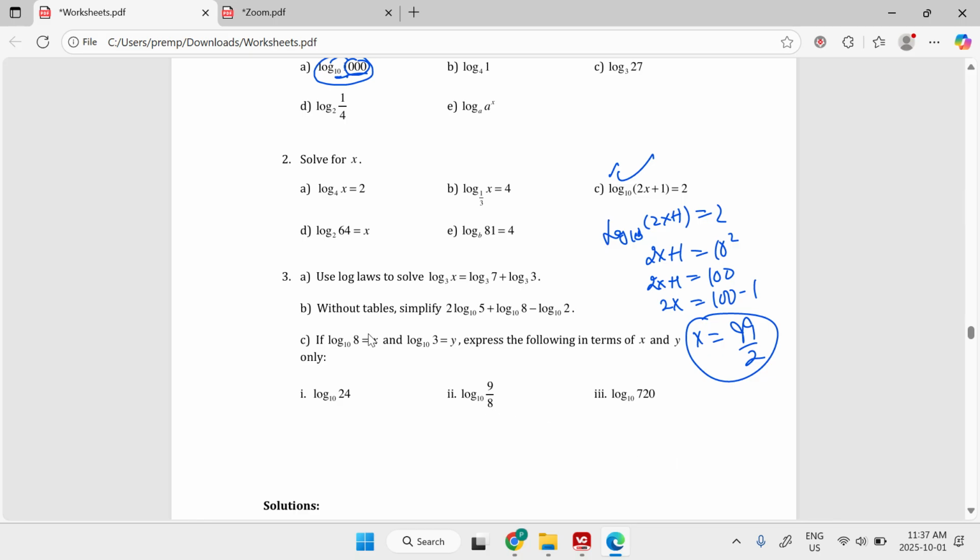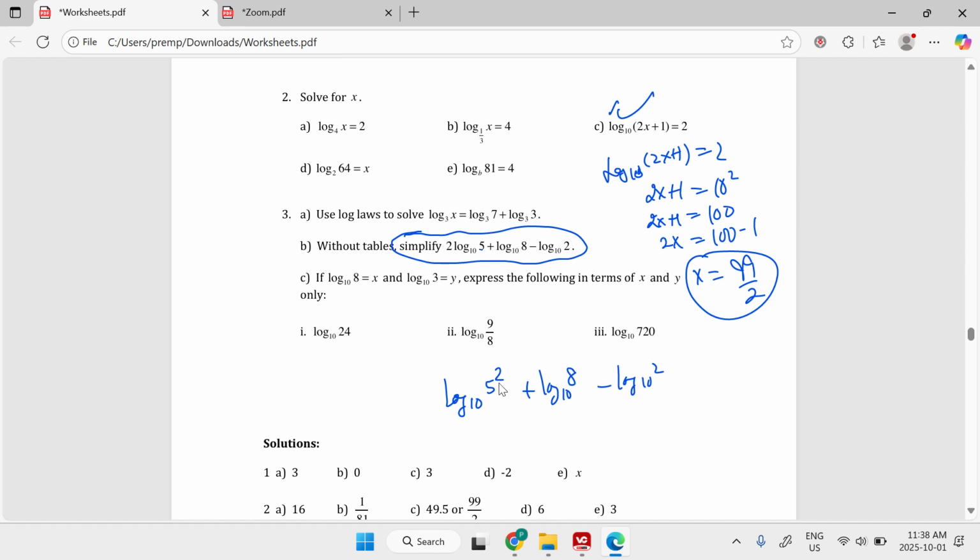Also, if we have this kind of question, they're saying without tables, simplify. So we have to use the laws of log here. You can see 2 log base 10 of 5 can be written as log base 10 of 5 raised to power 2, plus log base 10 of 8, minus log base 10 of 2.